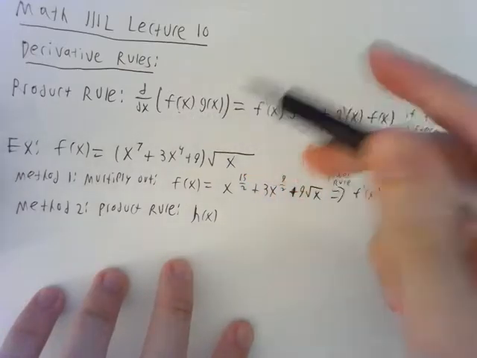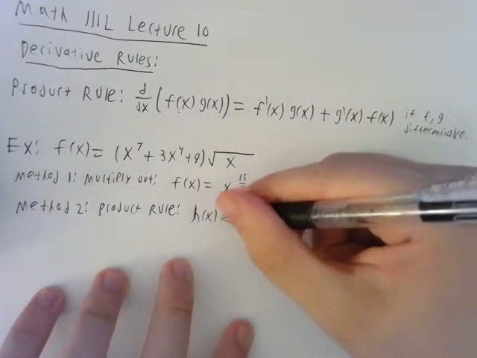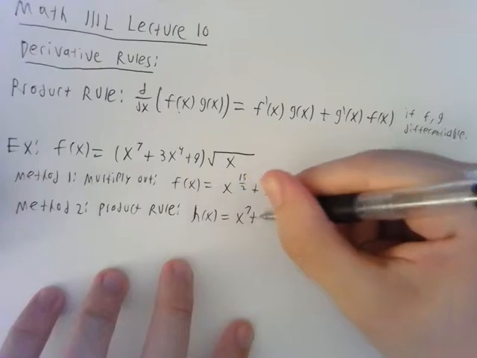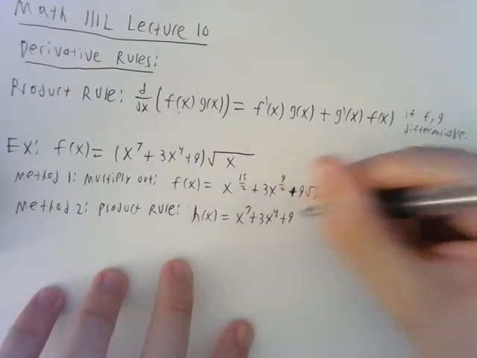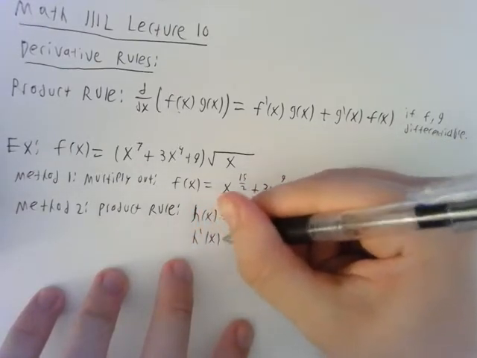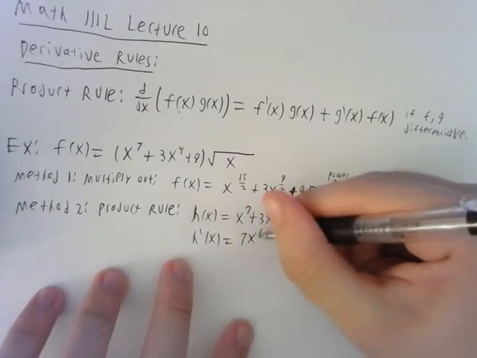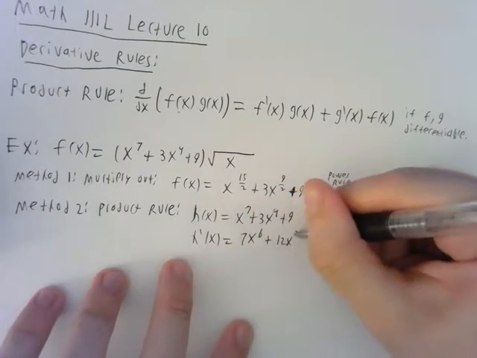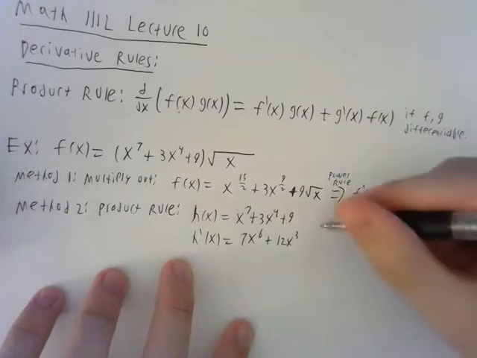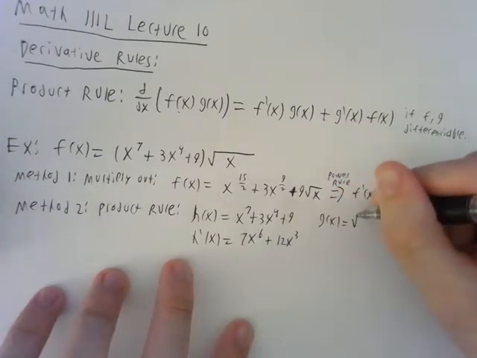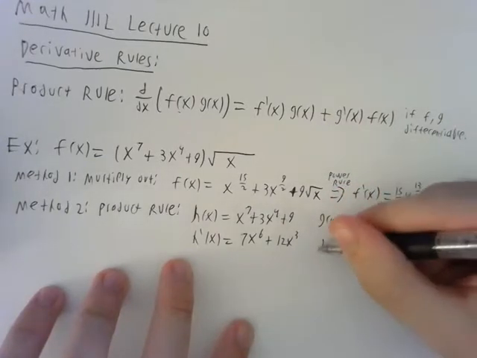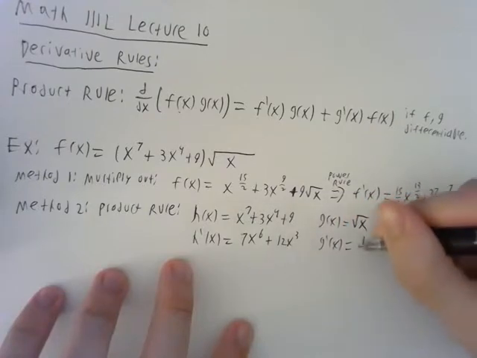So h of x equals x to the 7th plus 3x to the 4th plus 9, and h prime of x equals 7x to the 6th plus 12x cubed. Then my g of x will be square root of x, and g prime of x is 1/2 x to the negative 1/2.